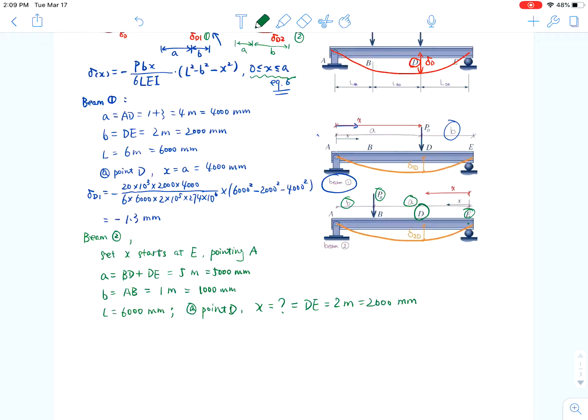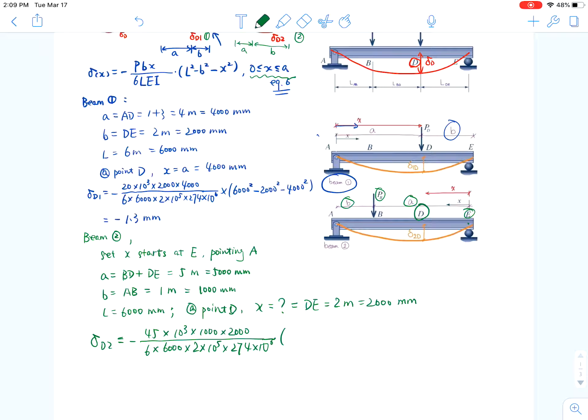Then use the equation: delta D2 can be calculated by negative 45,000 by 1,000, this is the P value, by B, which is 1,000, by X value, X is 2,000, over 6 times L, this is 6,000, by E, which is 2 by 10 to the 5, by I, 274 million.